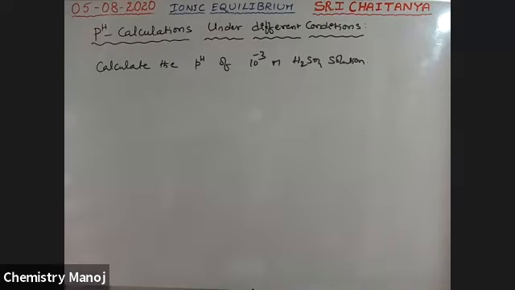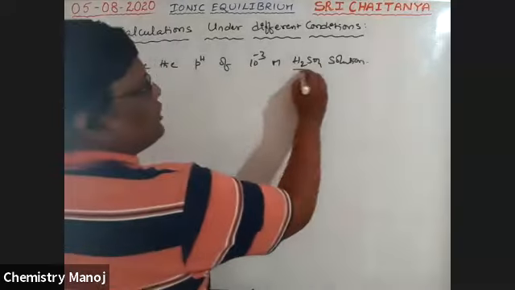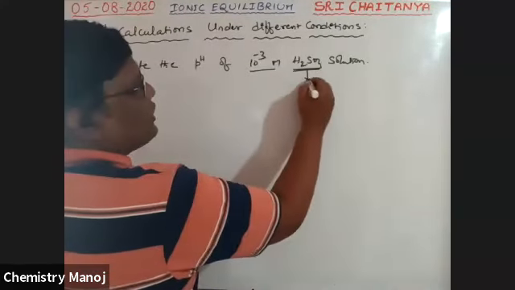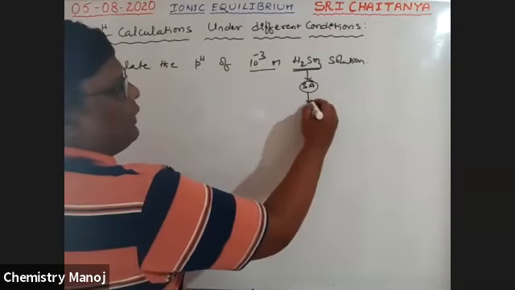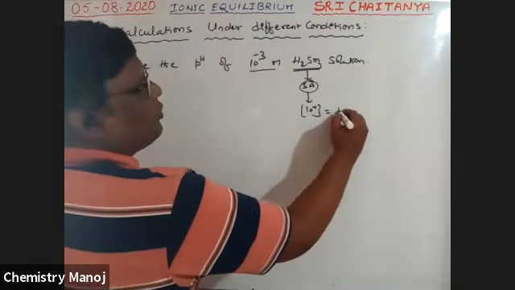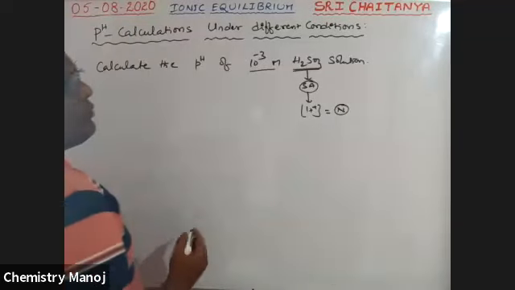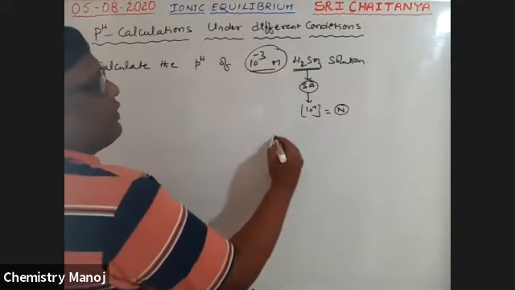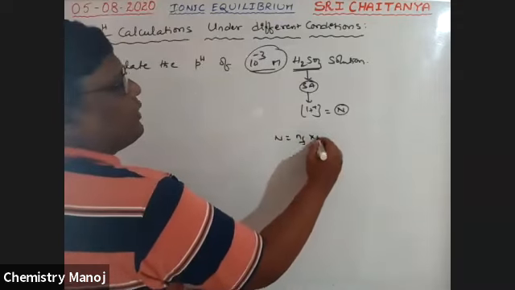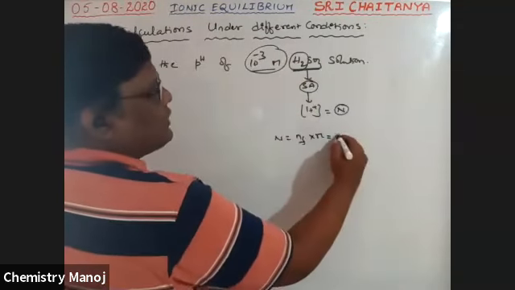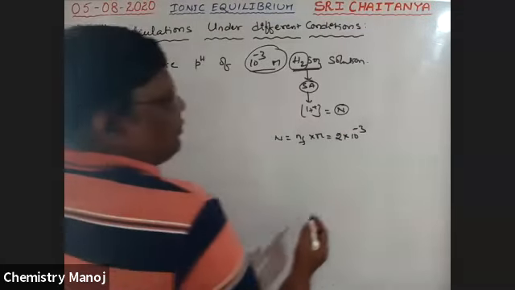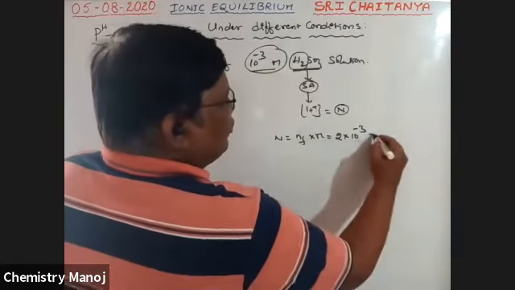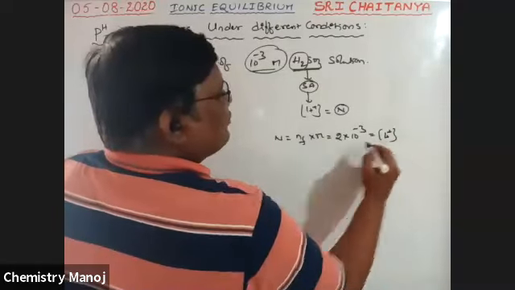This H2SO4 is a strong acid. Therefore, H plus ion concentration is equal to normality of acid. But the given value is molarity. Normality is equal to n factor into molarity. For this, n factor is 2, so 2 into 10 power minus 3. This is the normality, which is equal to H plus ion concentration.